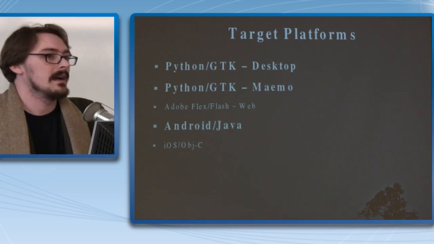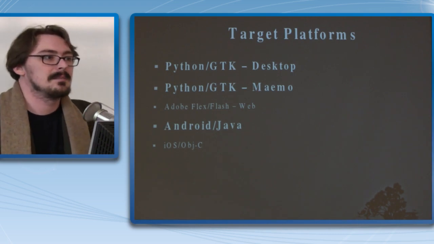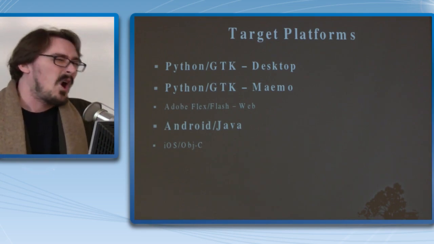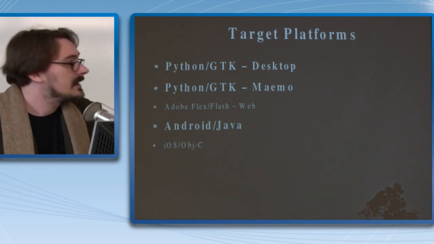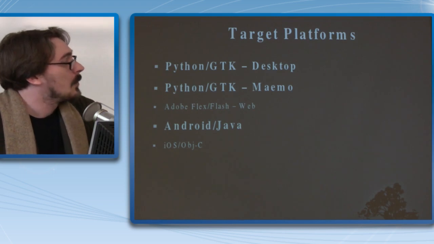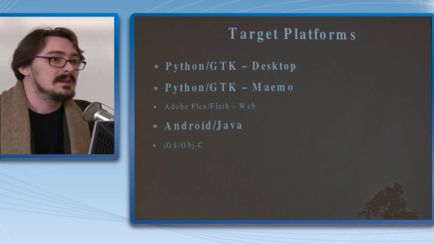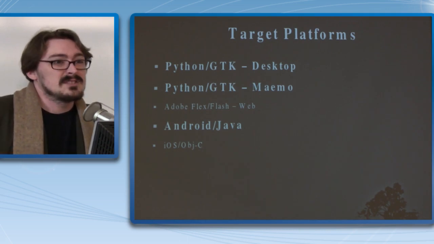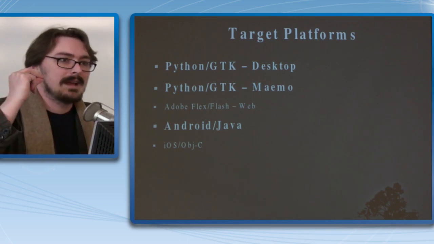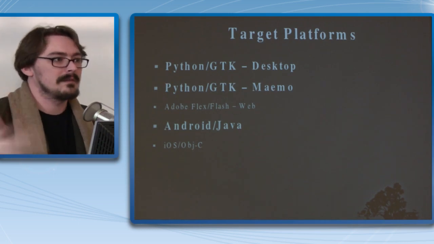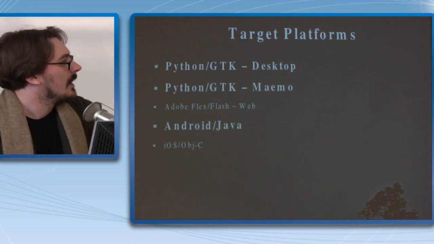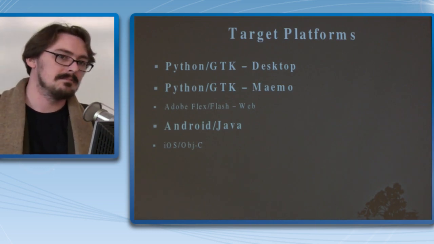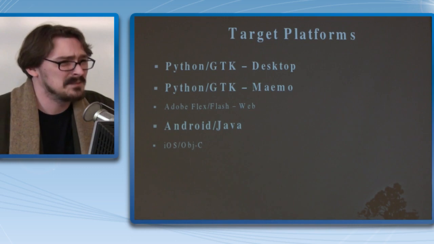Python and GTK is our primary Linux desktop target, since that runs very, very well on almost every Linux desktop out there. That was the way to go. One other nice benefit there is, because Python is not a compiled language, it's nicely interpreted, it's very easy to just hit the run button and see your application instantly run without having to wait for a compiler, etc. You'll notice we also have a Python and GTK Maemo target, which Maemo is essentially a dead platform.